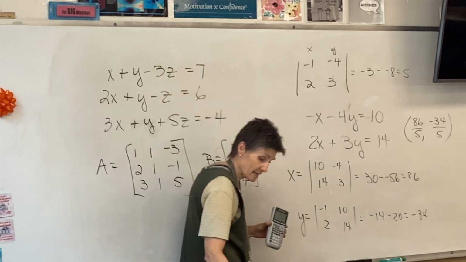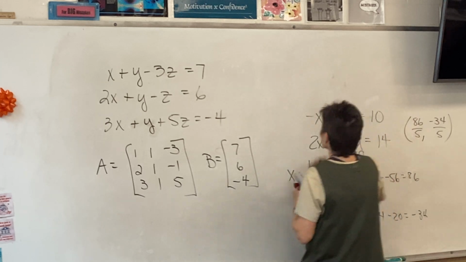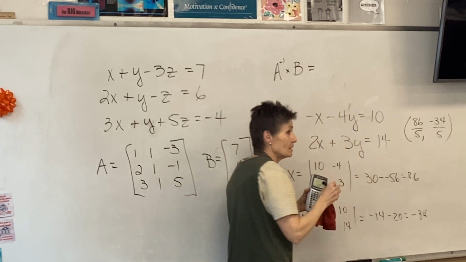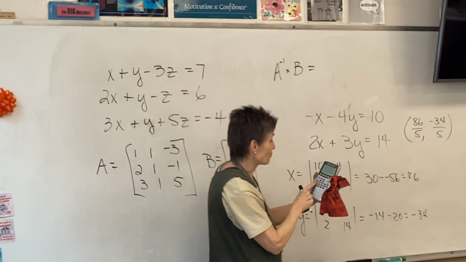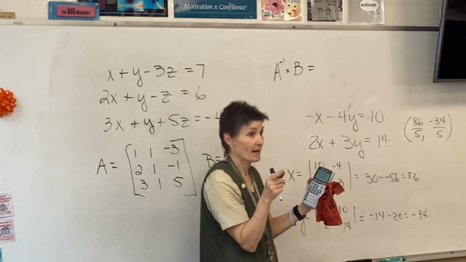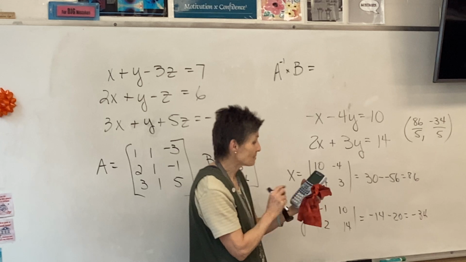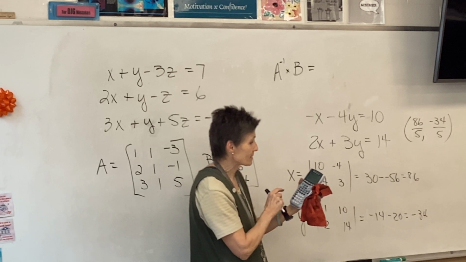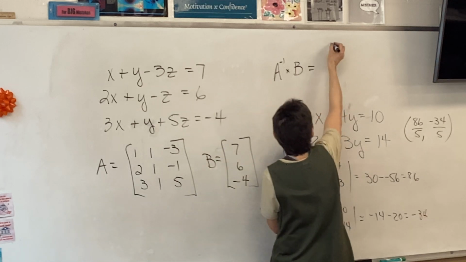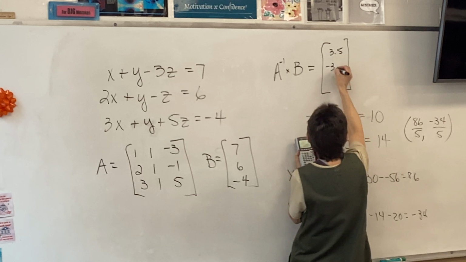To get your answer, you are simply going to multiply A inverse times B. So you're gonna go back into second matrix, hit A, put the inverse sign on it, using that matrix button, hit times, second matrix, B, and your answer is 3.5, negative 3.5, and negative 3.5. Yeah, that's what I got.